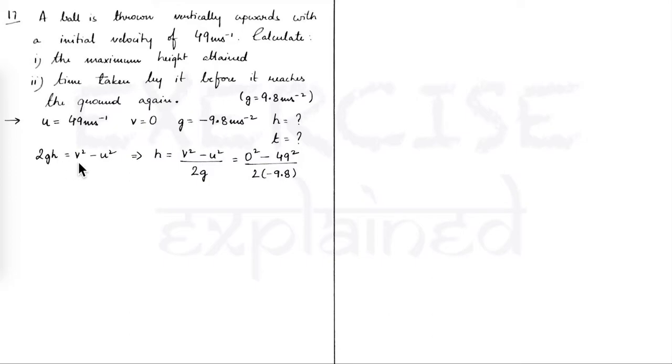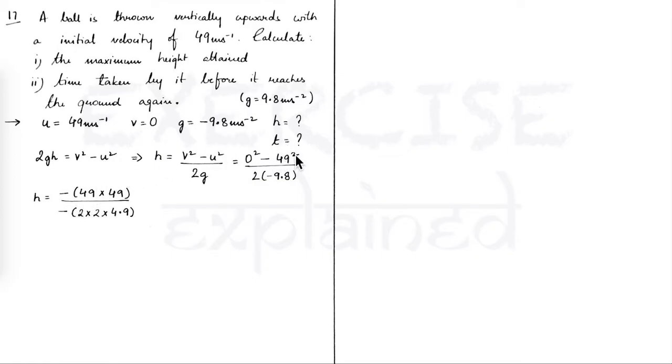Now 2gh is equal to v square minus u square, or h is equal to v square minus u square divided by 2g. I would be using this formula. So I just substitute the values, v as 0, u as 49 and 2 into g as 2 into minus 9.8. So I get 0 square minus 49 square divided by 2 into minus 9.8.